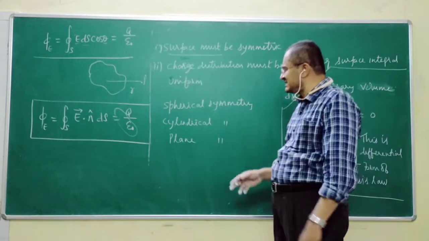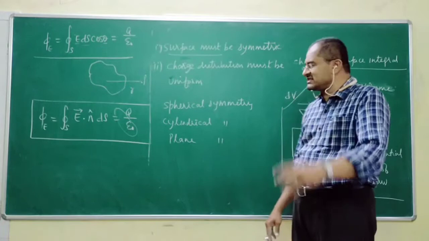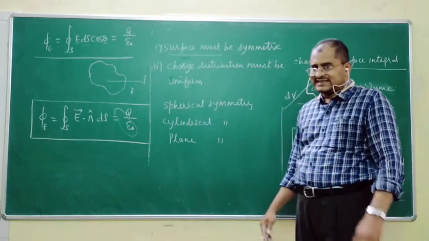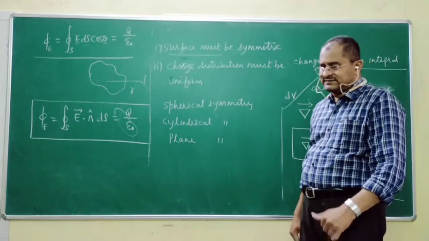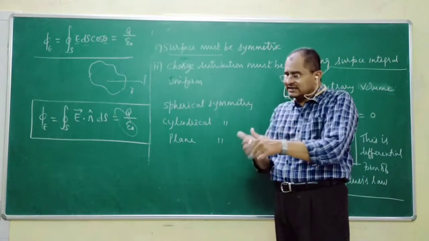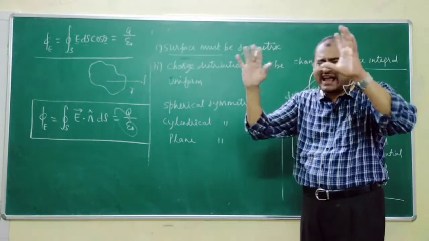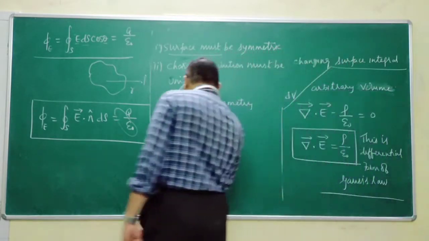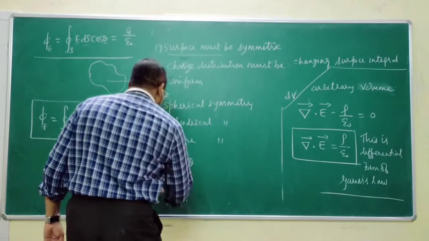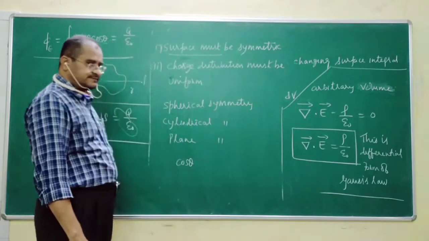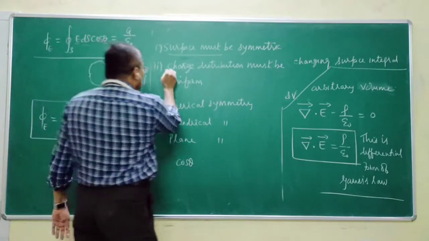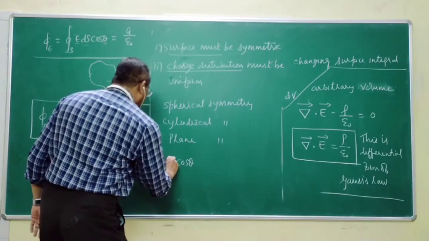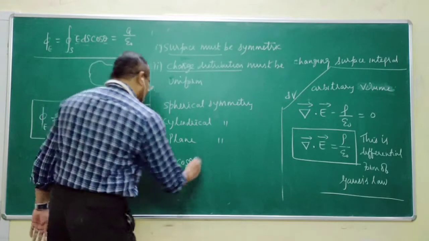The idea is, if I take a symmetric surface, either spherical, cylindrical or plane, the angle theta between the electric field vector and the unit vector anywhere on a symmetric surface will be the same, which means cos theta can be taken out of the integral sign. If charge distribution is uniform, electric field can be taken out of the integral sign.